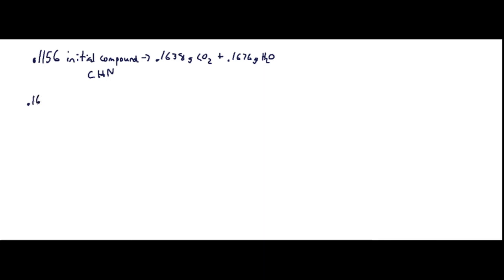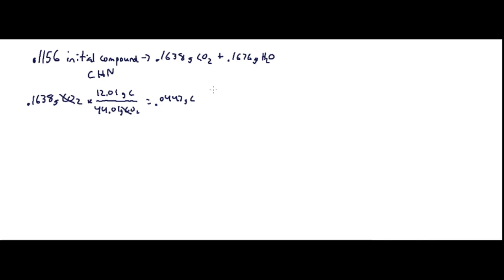So we're going to take the 0.1638 grams of CO2, times that by the molar mass of carbon, which is 12.01 grams, and then divide that by the molar mass of carbon dioxide, which is 44.01, which the units of grams of carbon dioxide cross out, leaving you with the grams of carbon, which we find to be 0.0447 grams of carbon.